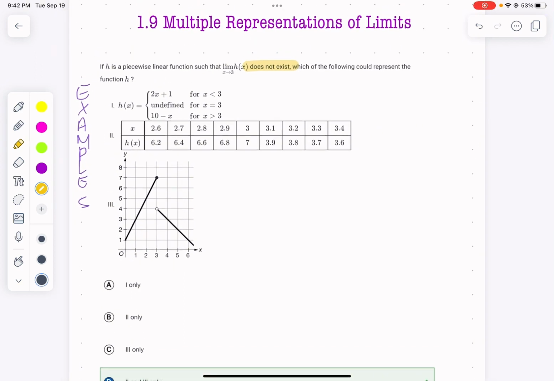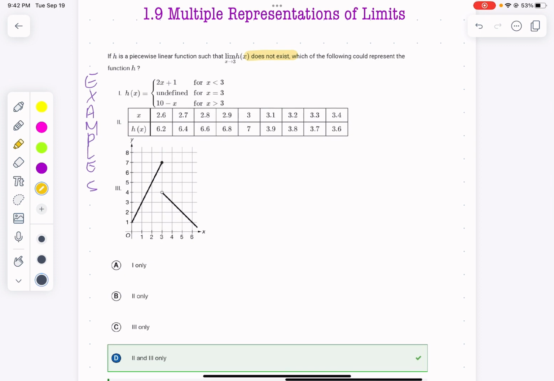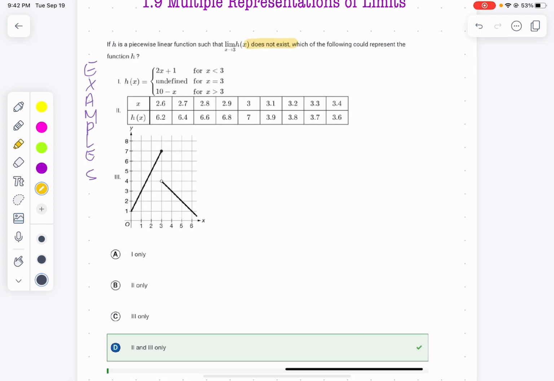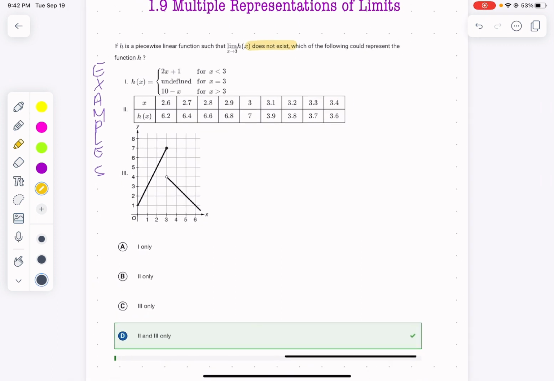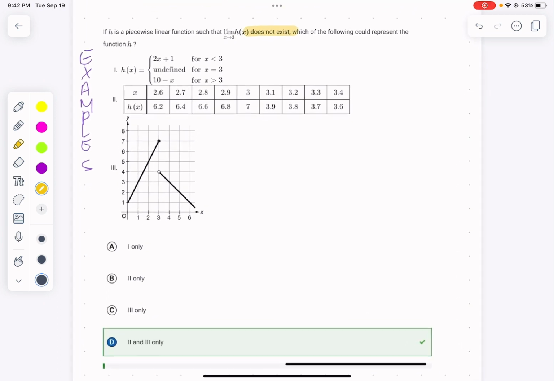Once again, I am aware that the correct answer is already shown, but we're going to talk through why each one is not right. Let's start with the easiest one, because 3 is a graph, it's most easily seen and visualized. As x approaches 3, there is a jump between these two points.